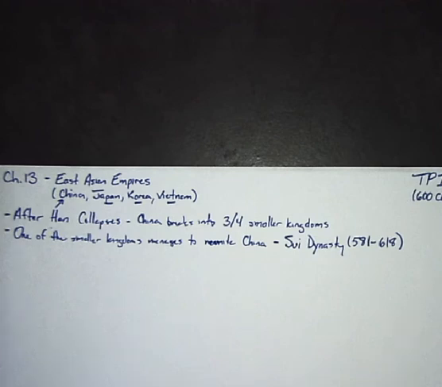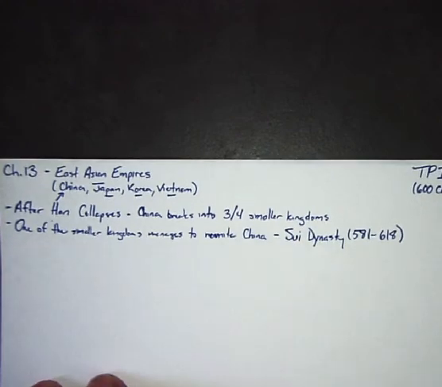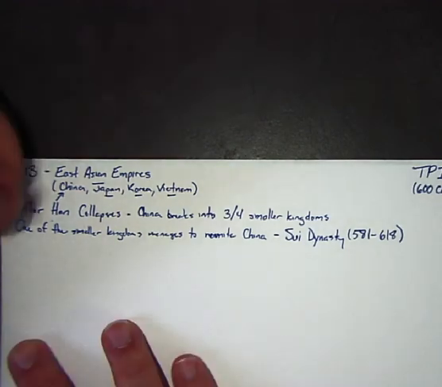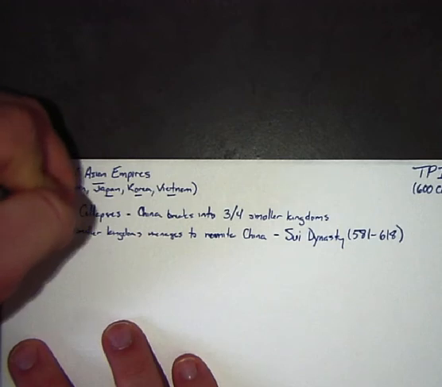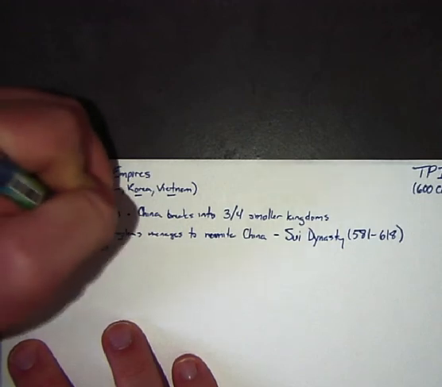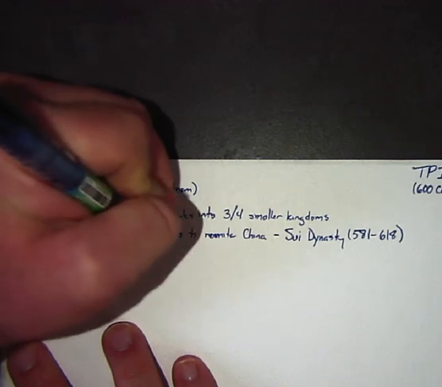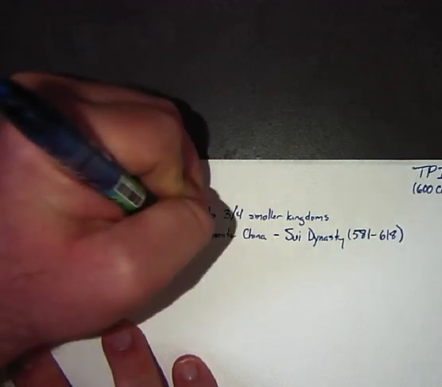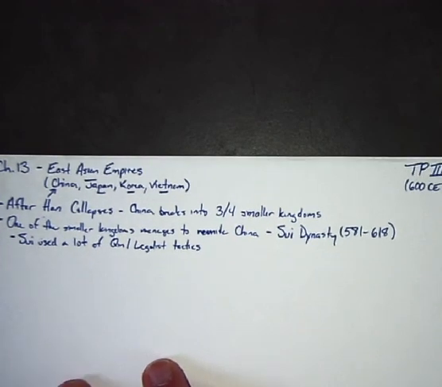And we're going to see a lot of the same stuff that the Qin did return in the Sui dynasty. So the Sui used a lot of Qin legalist tactics. So they're going to do a lot of the same stuff the Qin did.